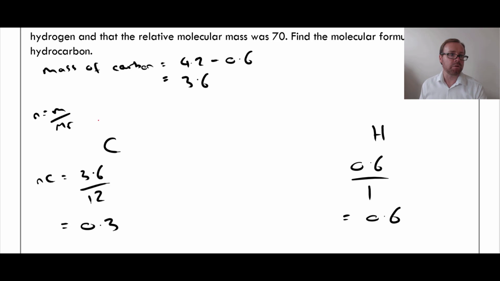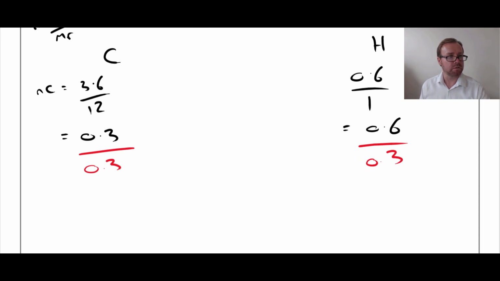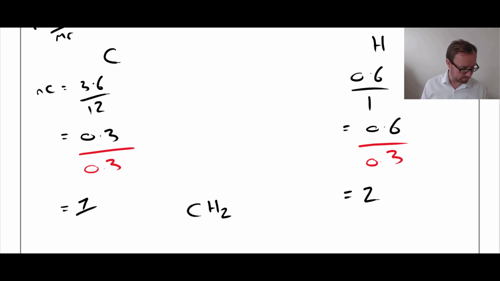I now need to divide by my smallest number, which is 0.3, which gives me a value of 1 and 2. So they both are whole numbers, so we can leave them as this. This is our simplest whole number ratio. So CH2.